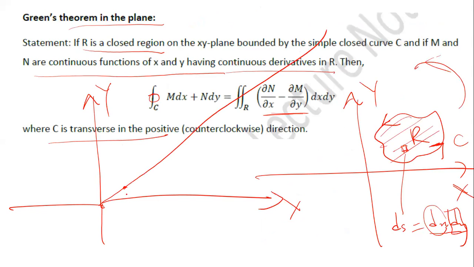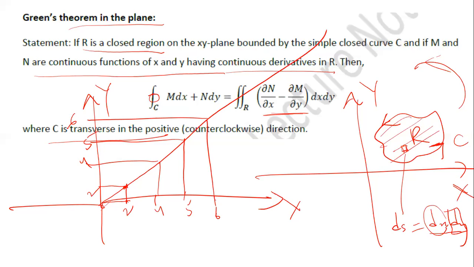If x is 2, y is also 2. If x is 4, y is also 4. If x is 5, y is also 5. If x is 6, y is also 6. So it will be a straight line like that.